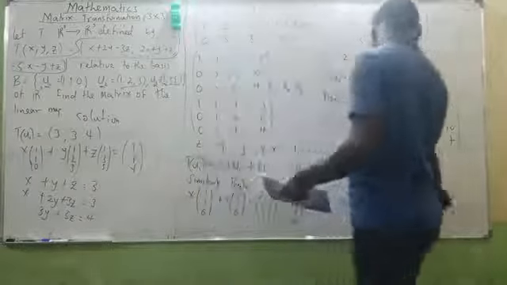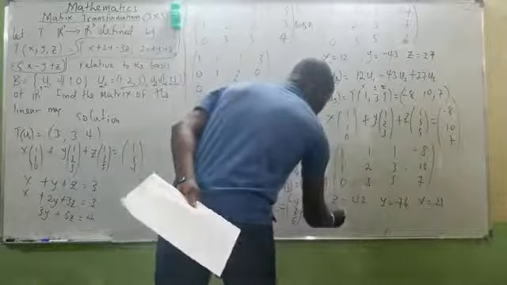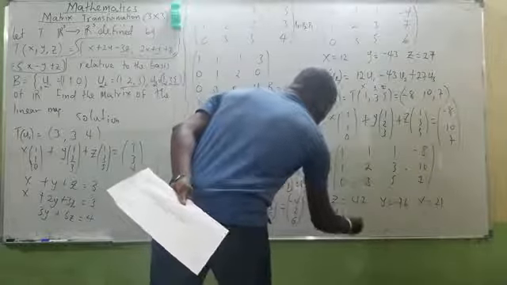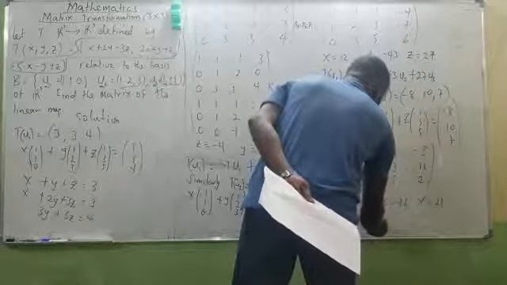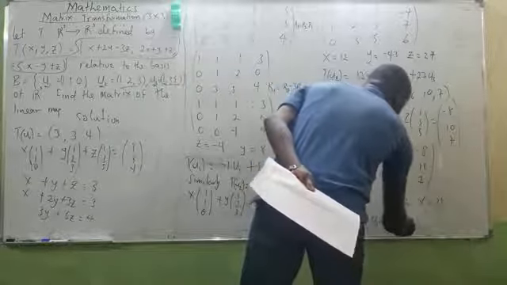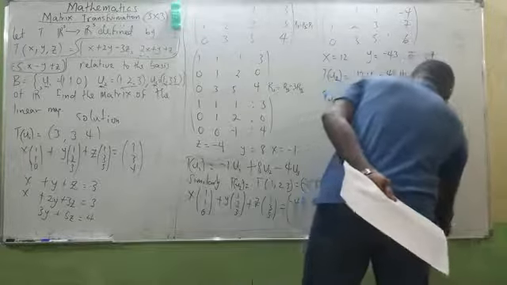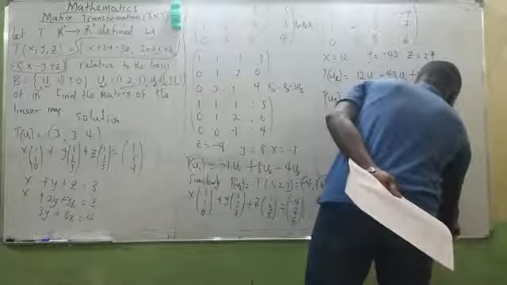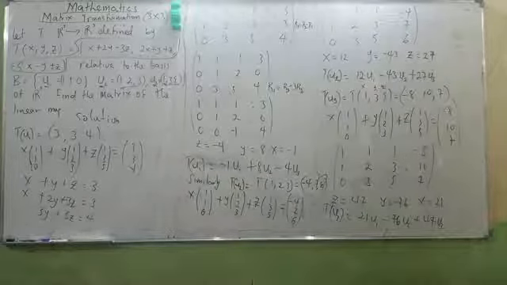By so doing that, I will also be having my T of U3, which will be equals to 21U1 minus 76U2 plus 47U3. Now, by so doing this, I think I've gotten all what I need to do.